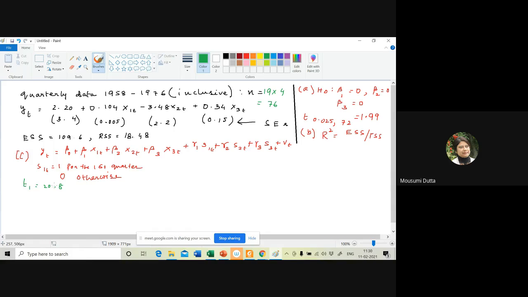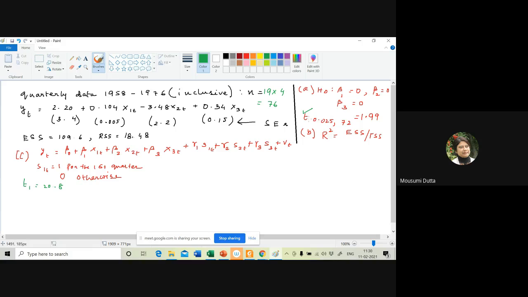That will be t 0.025, because you are considering not equal to in the alternative specification. You have 76 observations and 4 parameters in the model: beta naught, beta 1, beta 2, beta 3.